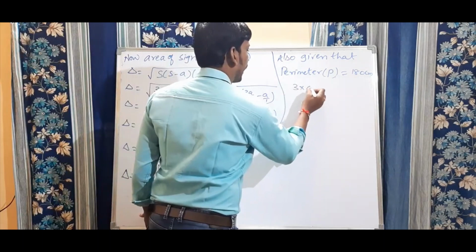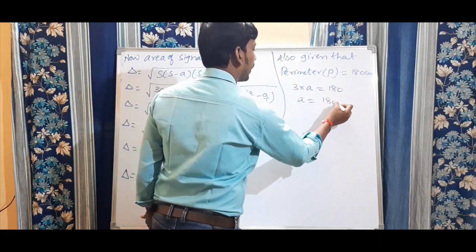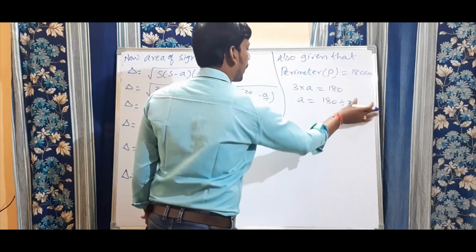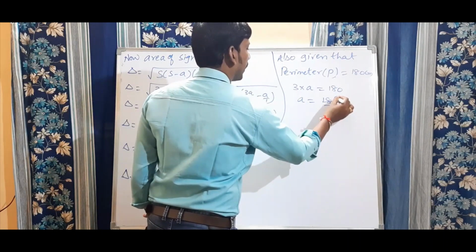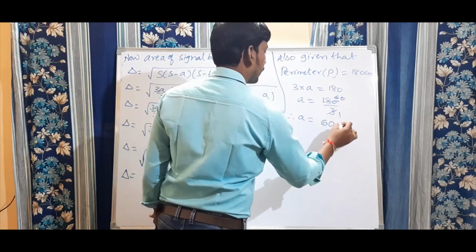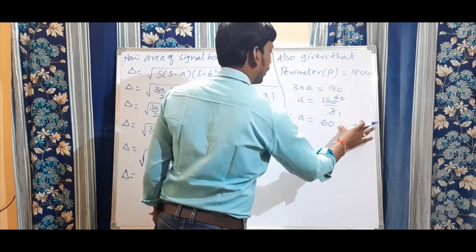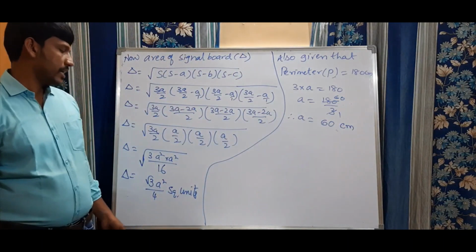Okay, 3 into A is equal to 180. Then A will become 180 divided by 3, or 180 by 3. You will get by cancellation, 3 ones are 3, 60. So therefore A is equal to 60 centimeters. Now I got A is 60 centimeters.